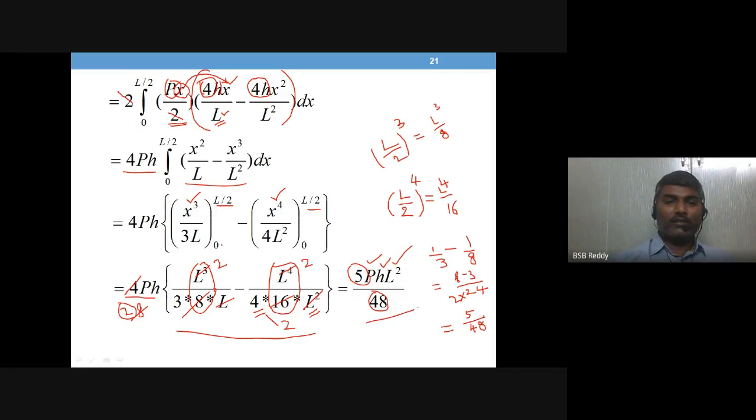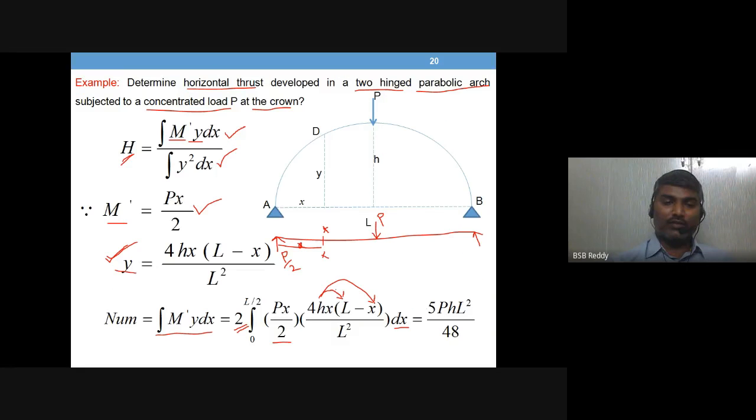Right. Got it. Let's just brief it. So you have used h is equal to integral M dash y dx divided by integral y square dx as a formula, where you need the M dash value. To find M dash, very regular procedure, you take a beam of same dimension and same load, take a section anywhere and write for Mx.